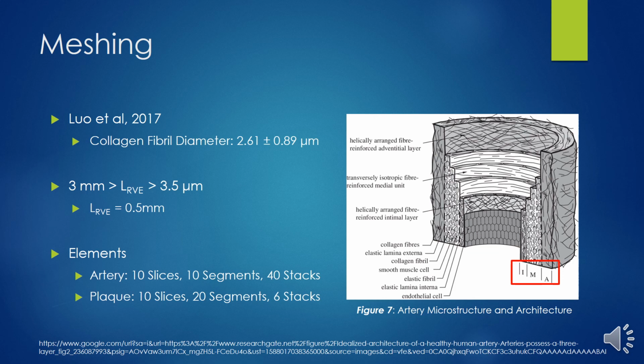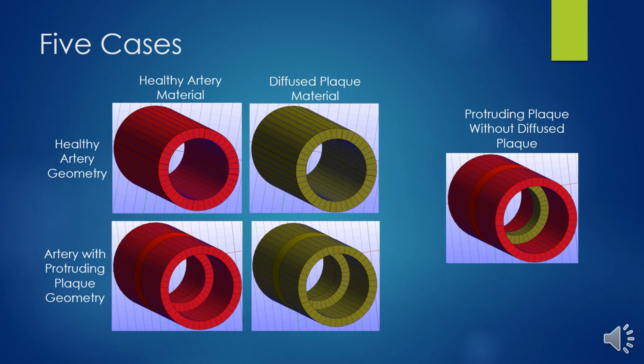I used this reasoning to plug in the values for slices, segments, and stacks in FEBio to create the meshes for each object. With this decided on, I had to finalize test cases. The two variables I am testing for this project are geometry and hyperelasticity constants.